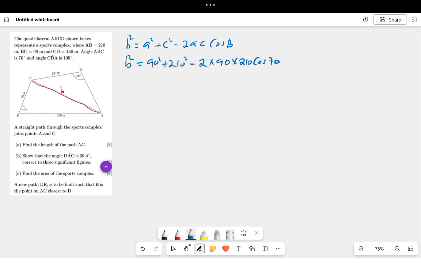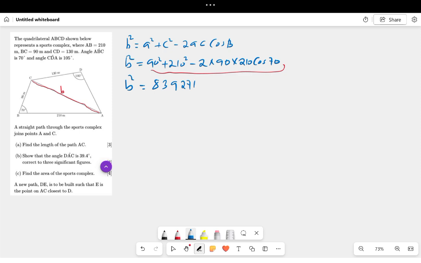In GCSE, we are allowed to use calculators, so we just plug all these values into our calculator, and we are going to get B squared equal to 39,271.